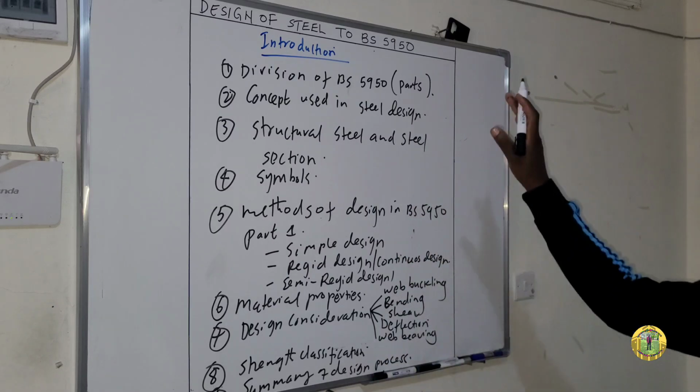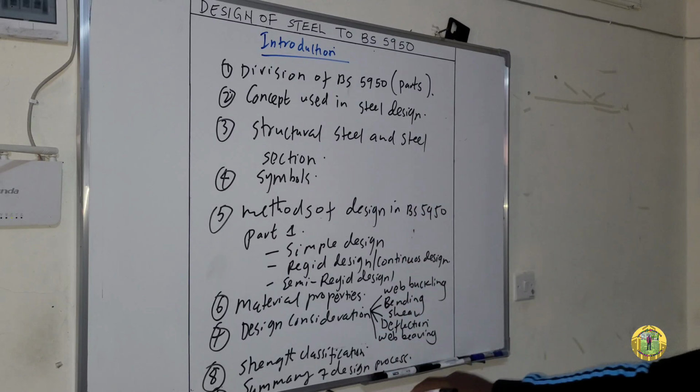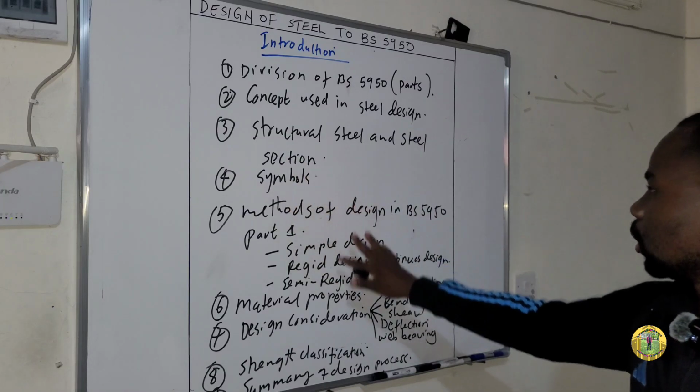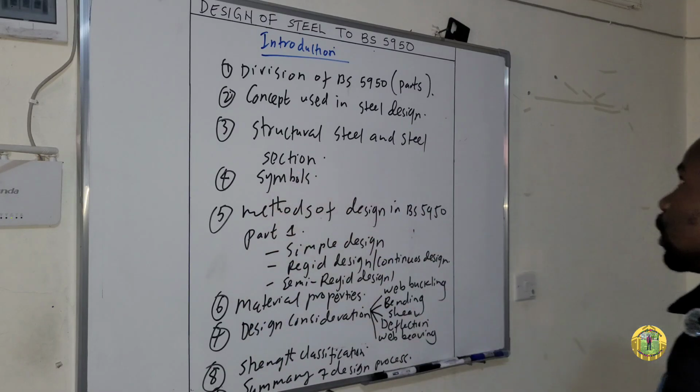After the summary of design process, we will be able to tackle an example, but not for today, probably tomorrow or another day. So this is what we will discuss today.